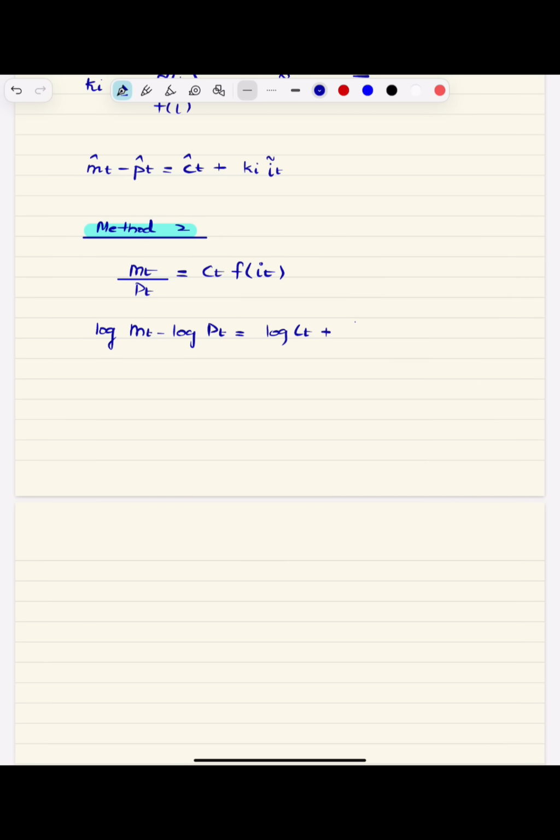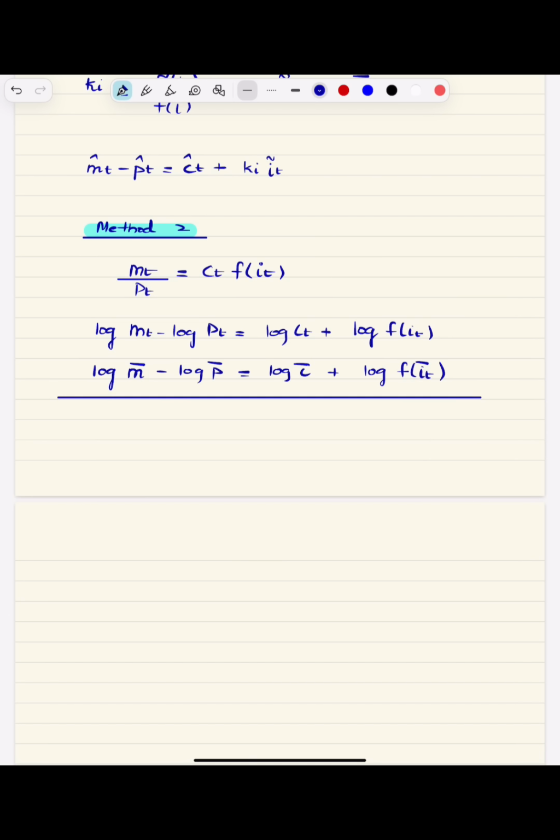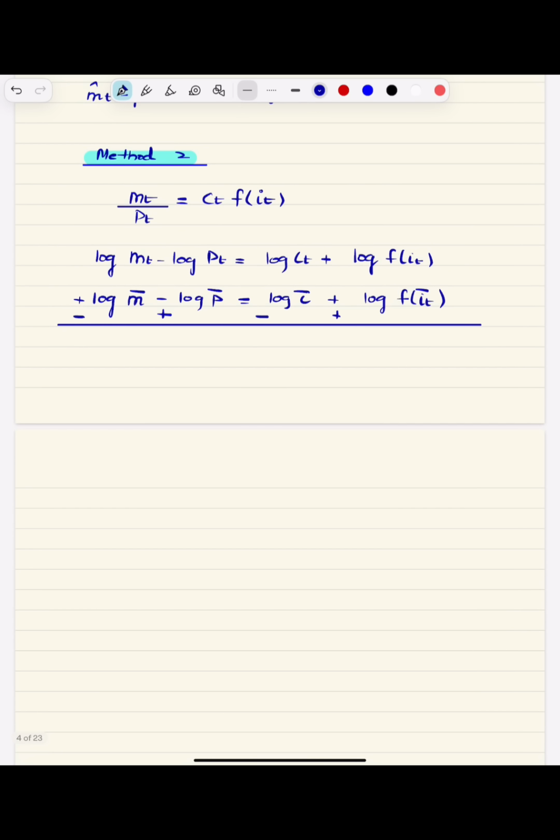And why not just evaluate this equation on the steady state? So if I write log m bar minus log p bar and log c bar plus log fit bar, and I subtract the second from the first, so this becomes a negative, positive, negative, positive, then we have a log mt minus a log m bar, which we know is m hat, right?